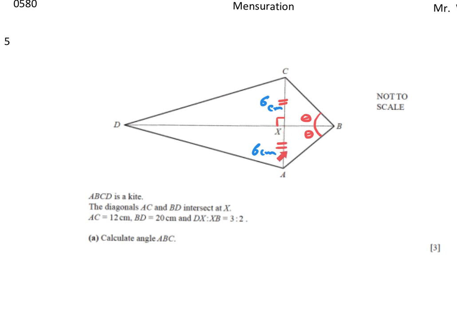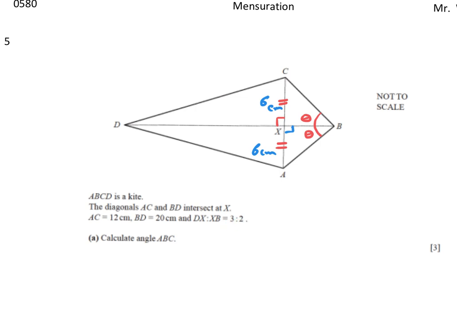So you have this side 6 centimeters. If we can find BX, then we can find this angle, because this is a right angle triangle. We need to find BX or DX. So how to find BX?